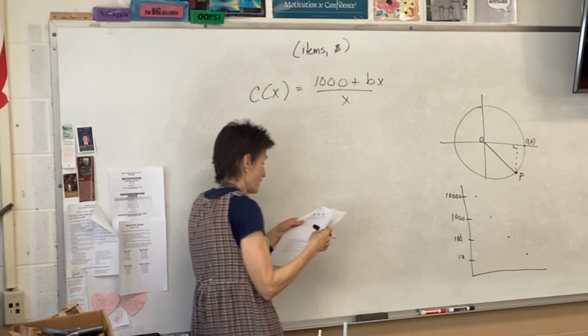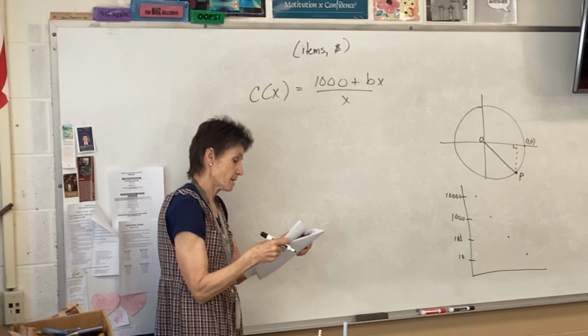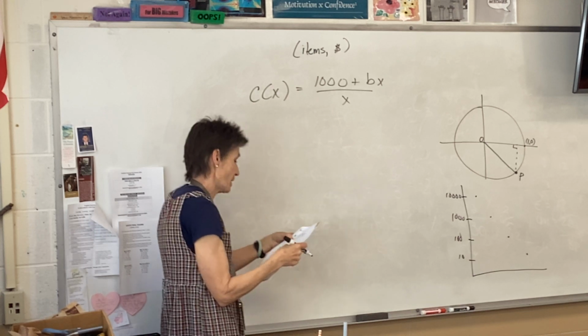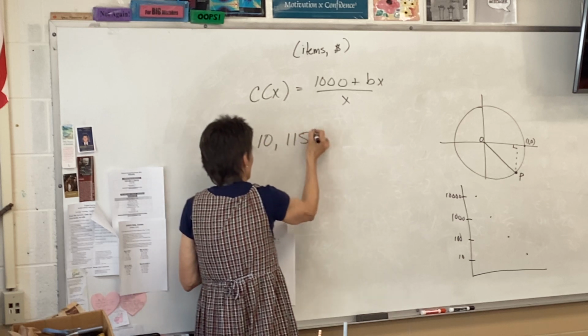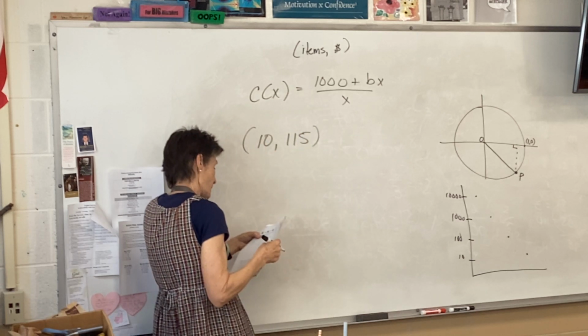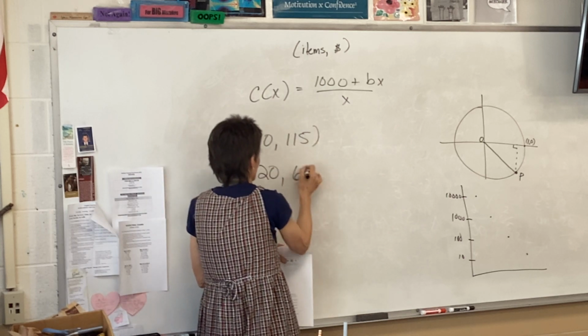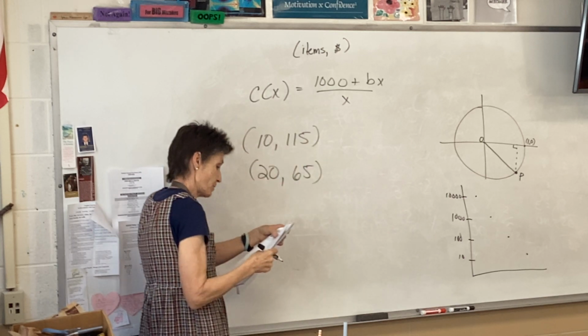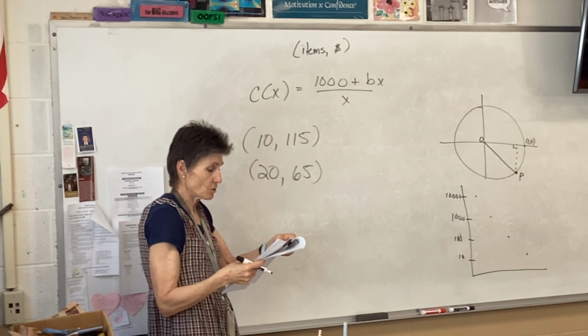That's what the repairs are. It is known that the cost is $115 to produce 10 items, and $65 to produce 20 items.